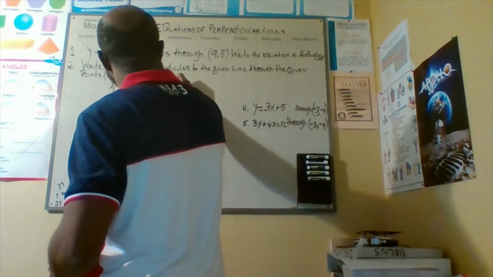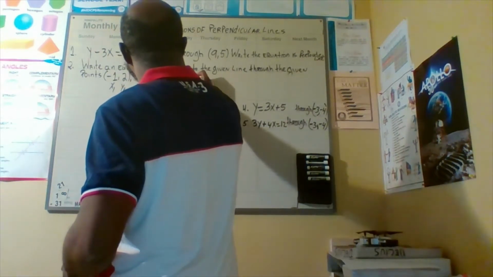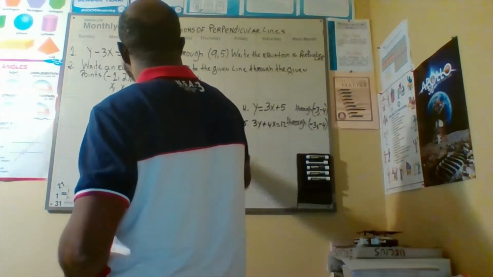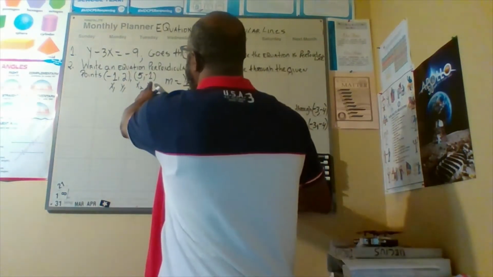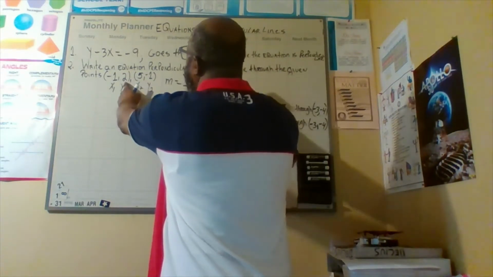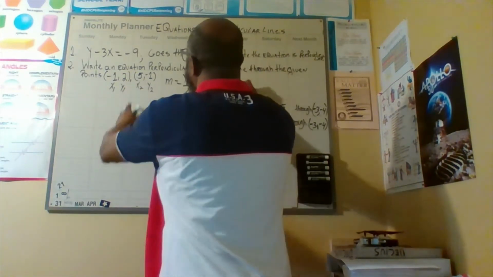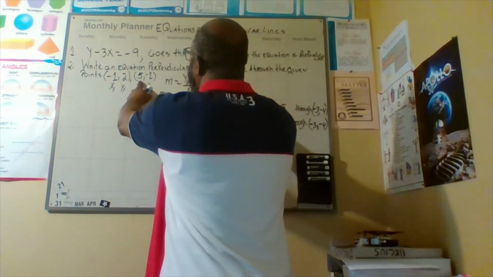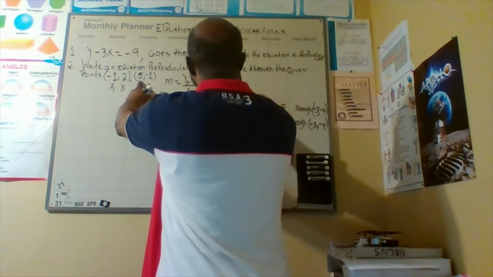Once again, you're going to find the slope. Remember the formula, y2 minus y1 over x2 minus x1. This is my y2, so I will have negative 1 minus 2 over 5 minus 1.